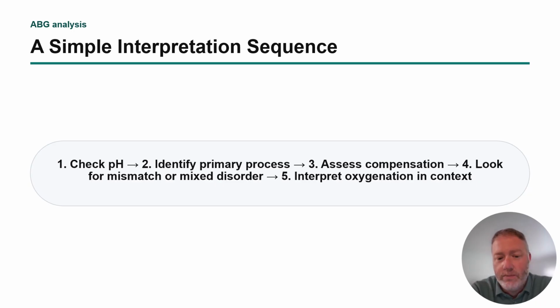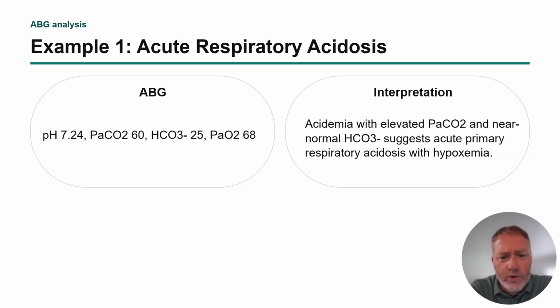It's good to be able to identify that on a blood gas so that you can start treating the metabolic issue in addition to the ventilatory one. And then interpret your oxygenation in context. I'll get more into oxygenation in the next lecture, but let's take a look at this one.